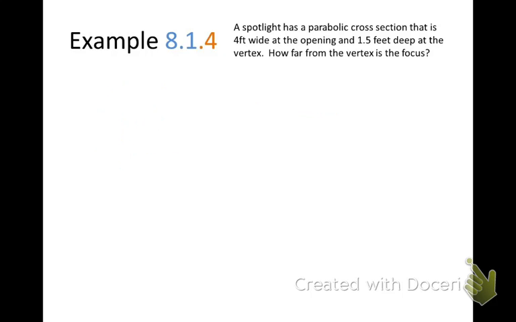All right, last example. A spotlight has a parabolic cross-section that is 4 feet wide at the opening and 1.5 feet deep at the vertex. How far is the vertex from the focus? So, let's draw a little sketch of this. They're telling us that we've got this parabolic opening, so it kind of looks like a dish, right?